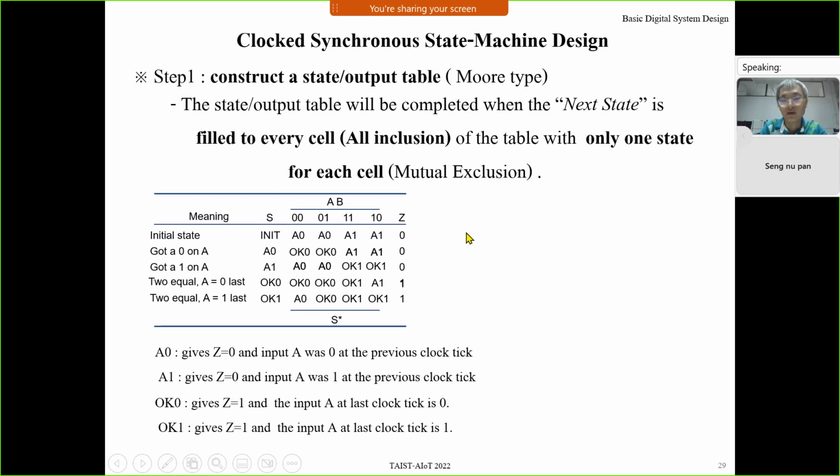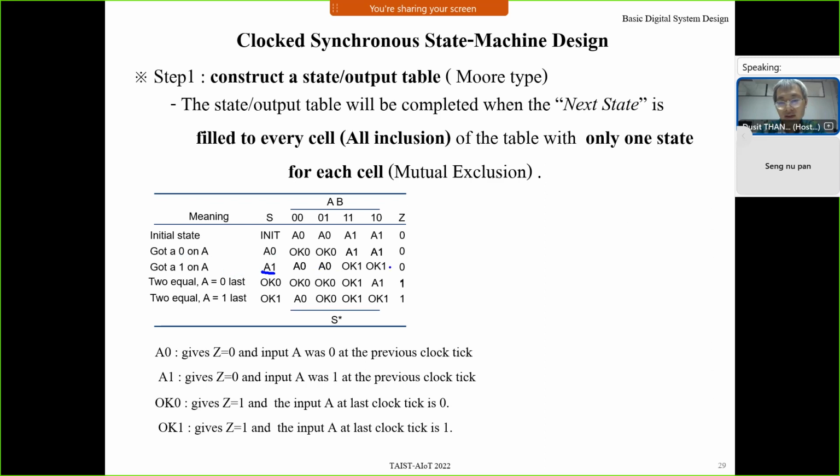For this example, I generate states. Initial state: output is 0. State A0: output is 0, and the previous value of A is 0.